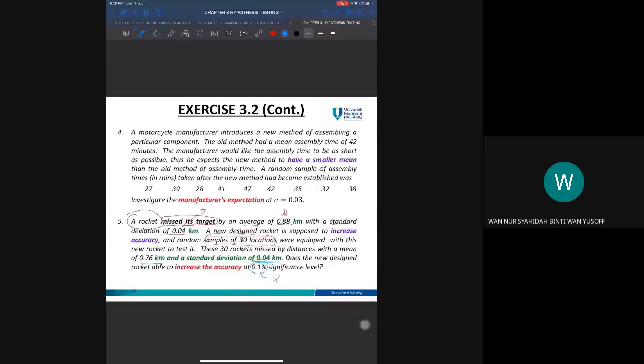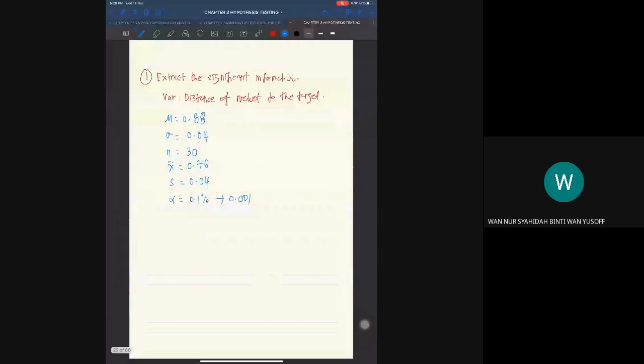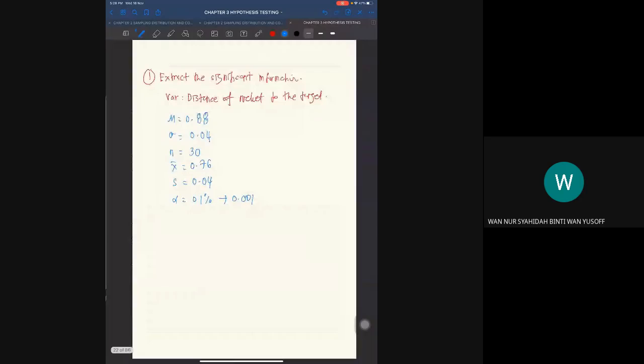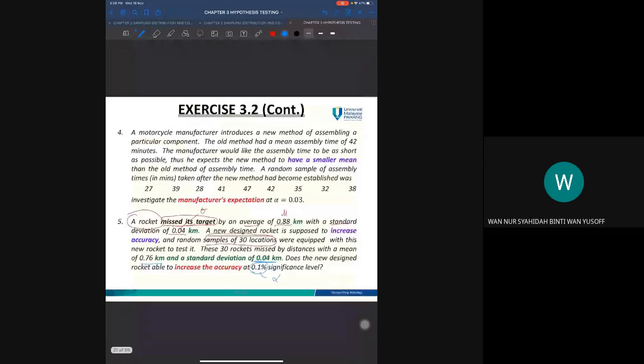Okay, so we're done with the information. All the information is already extracted, so we go to the hypothesis testing. How do we know we need to perform the hypothesis testing? Because here we have "does the new design rocket...", so we need to answer that, we need to conclude that. How to conclude that is by using hypothesis testing.